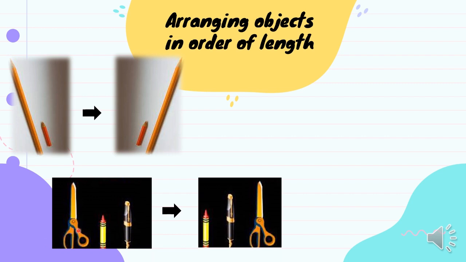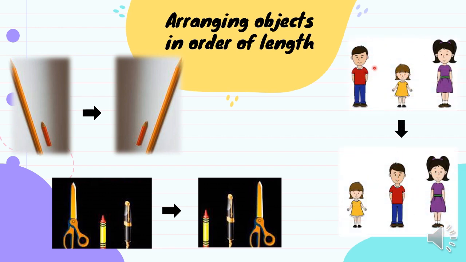I have 3 different objects here. I have a scissors, I have a crayon, and I have a ballpoint pen. Now, when I arranged, you could see the crayon was the shorter. I put it first, followed by my ballpoint pen, and then the scissors. Let's see another picture.